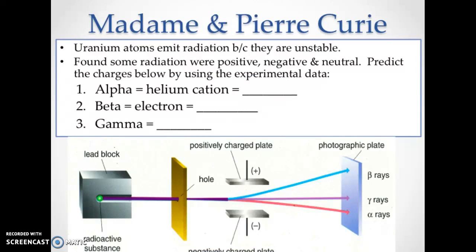Okay, and going back to the experiment of radiation, Madame and Pierre Curie are famous because, first of all, Madame Curie died from radiation.